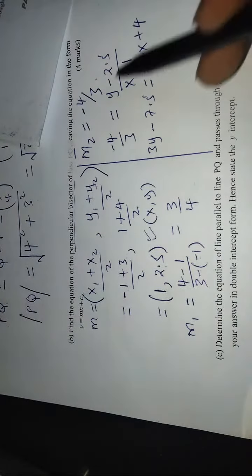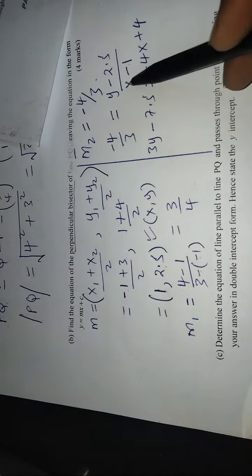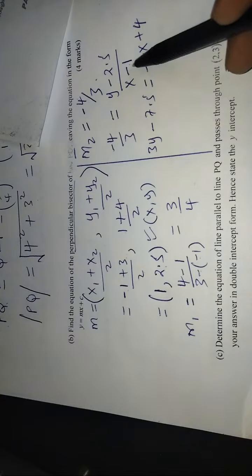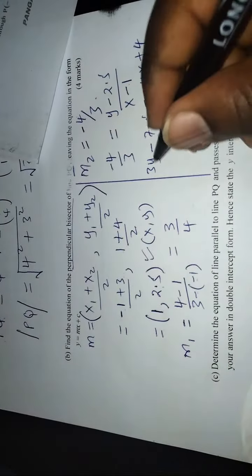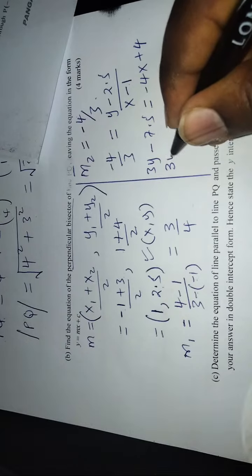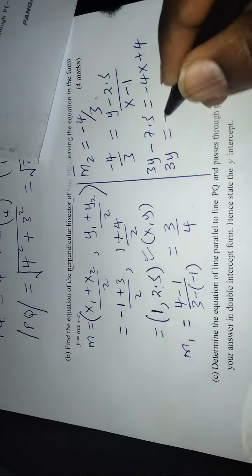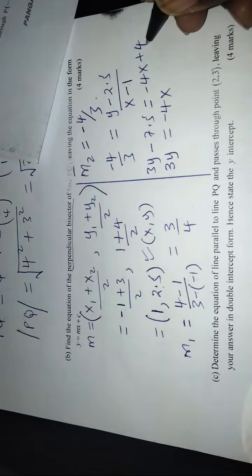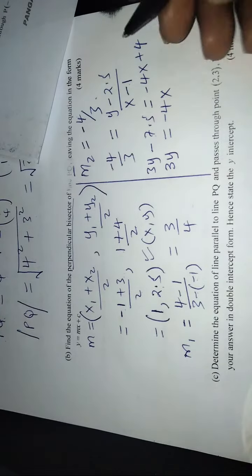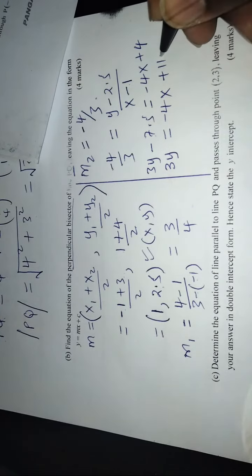So 3y minus 7.5 equals -4x plus 4 when we cross multiply with the 4 here. -4x, but this now becomes a positive. So we can now group like terms or rearrange the equation. 3y equals -4x. 4 plus 7.5 becomes 11.5.